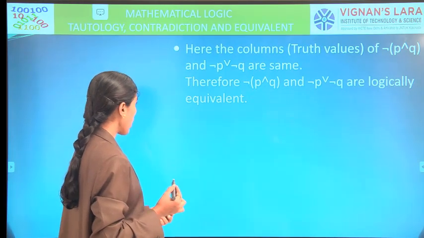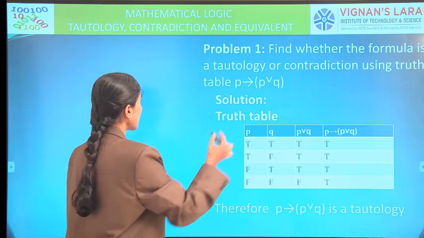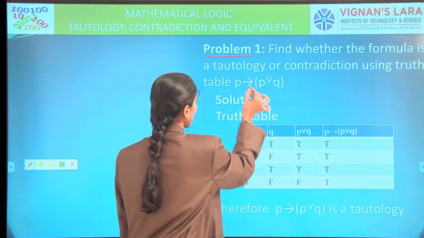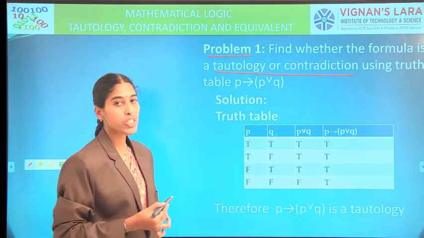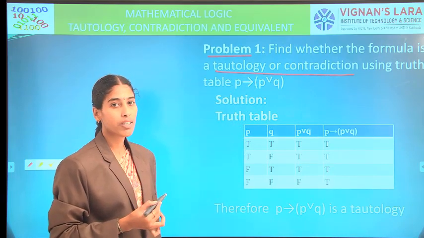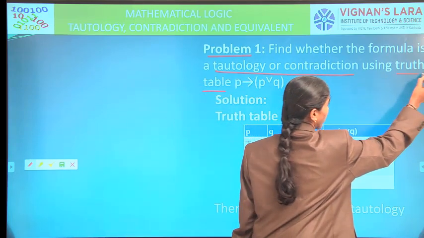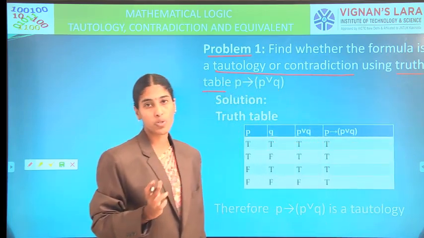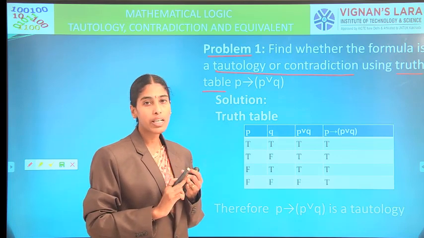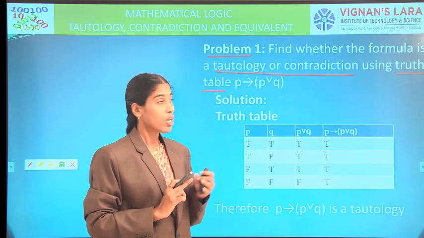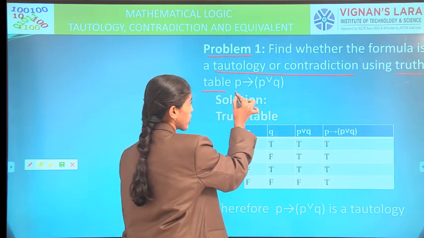Coming to the next one. This is a problem on whether the given proposition is a tautology or contradiction using the truth table procedure. Already I said that we have two procedures: one is using truth tables, the other is using equivalent formulas.